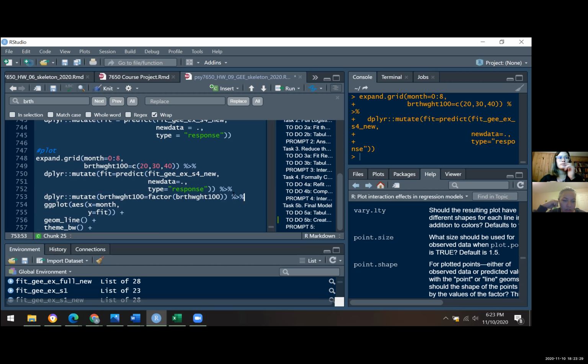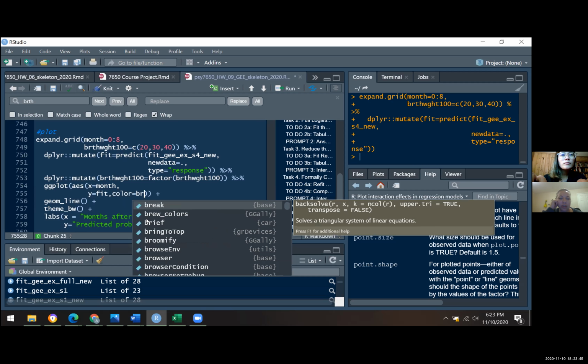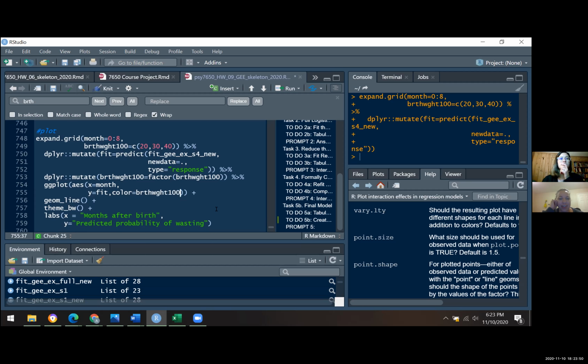And then go down 2 lines, and after y equals fit, before the close parentheses, right, yes, comma, enter, color equals birth weight 100. Okay, now run it.